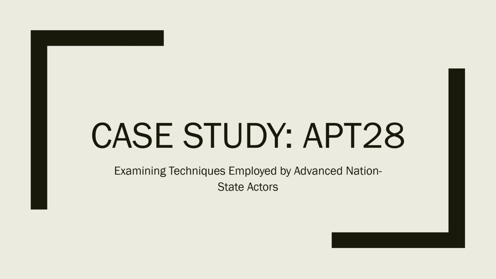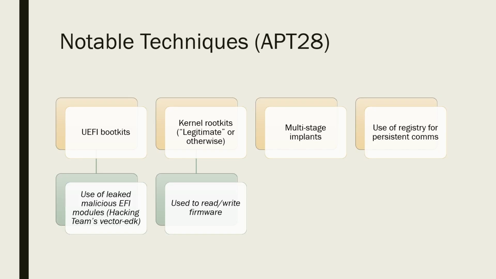For certain case studies, I'm not going to dive too deep into actual reports here, but just point out some of the notable techniques from my reading of these reports, right? We have things like UEFI bootkits, which also use leaked malicious EFI modules. In this case, they used ones from Hacking Team's Vector EDK malicious module.